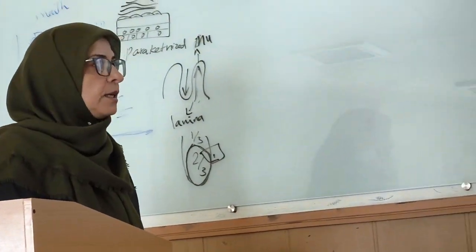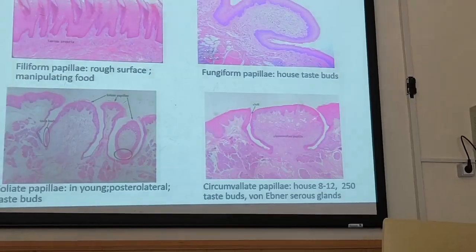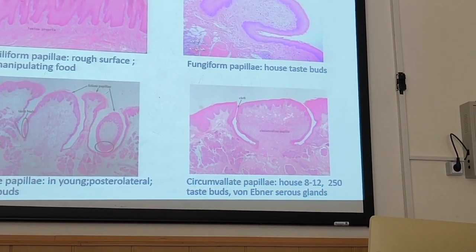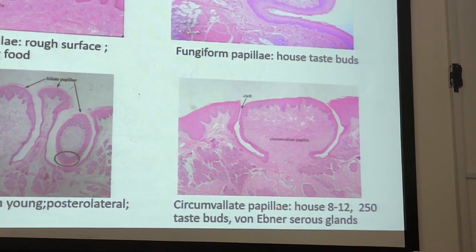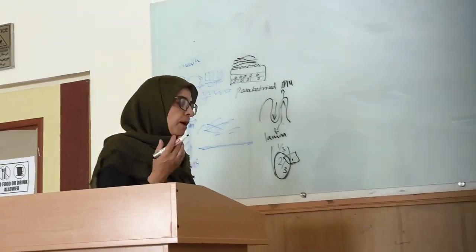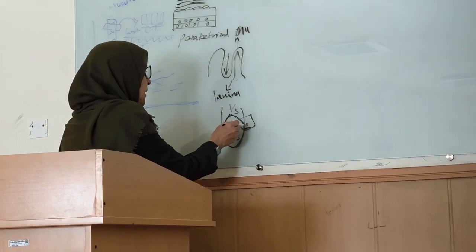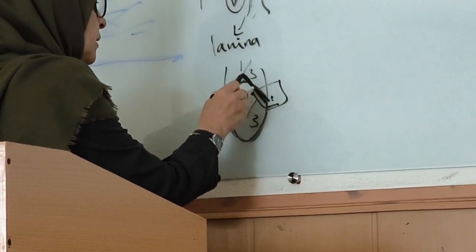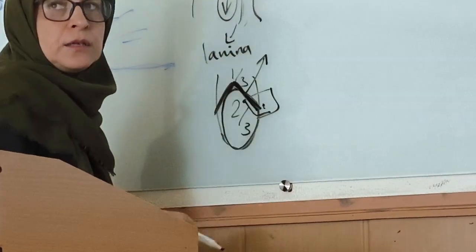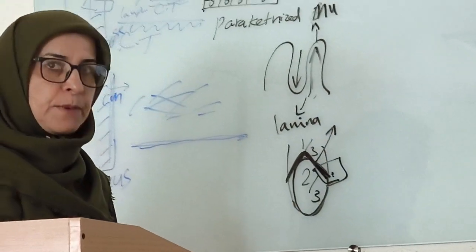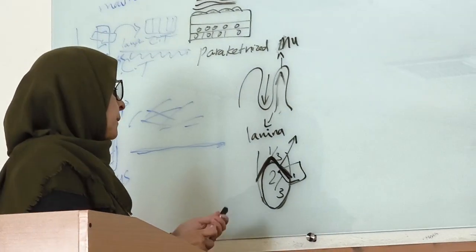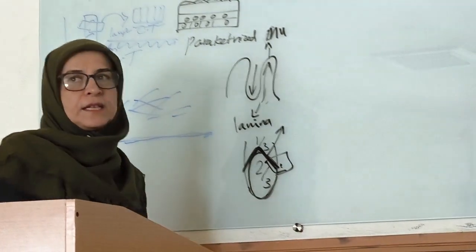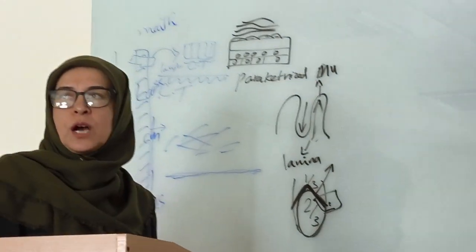And finally, the biggest of the papilla are the circumvallate or vallate papilla, located there. What is this structure? This is the terminal sulcus, which separates the 2/3 anterior and the 1/3 posterior tongue.